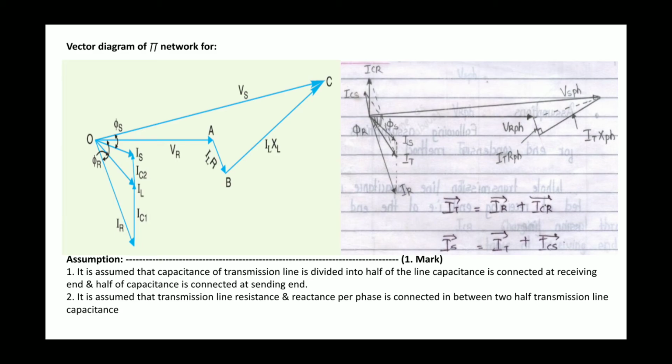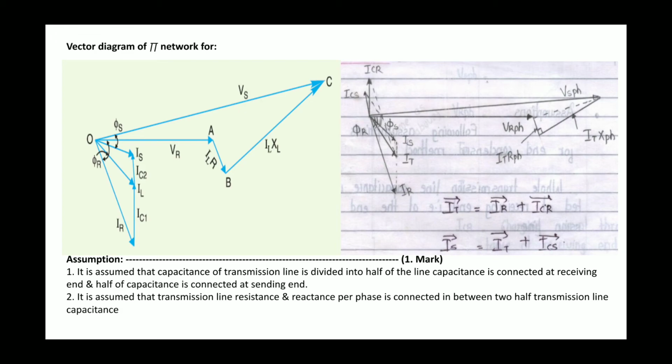As usual, receiving end voltage VR is taken as the reference vector. From the end of VR, drops are added as explained earlier. So here we consider VR as the reference, then the drop across the transmission line.